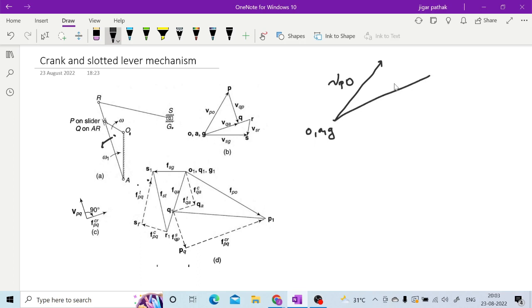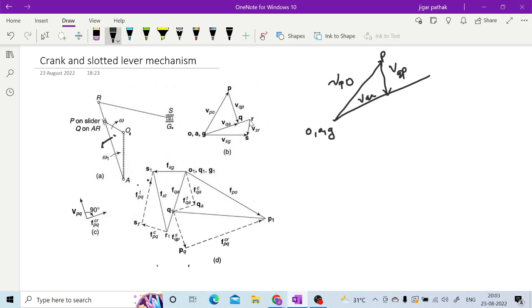And for Q with respect to P, Q is on AR and P is on the slider. So when you talk about the velocity of Q with respect to P, it will be along the length of the link AR only. So you can draw a line parallel to AR from this point P in order to get this VQP, and this is nothing but VQA.